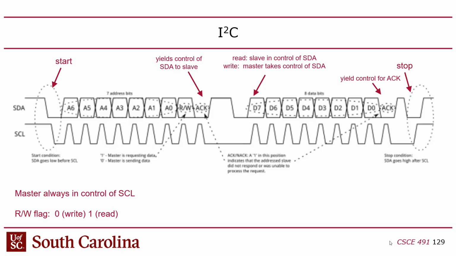So CPOL and CPHA were designed to ensure that the data was stabilized for a half clock cycle before you sampled it, and the assumption was that the data was sampled on the rising or falling edge of the clock. It was an edge-triggered bus. So we were using flip-flops to sample the data on SPI.